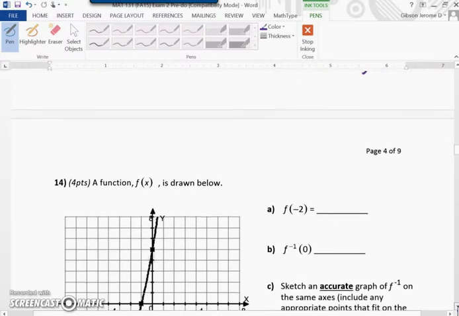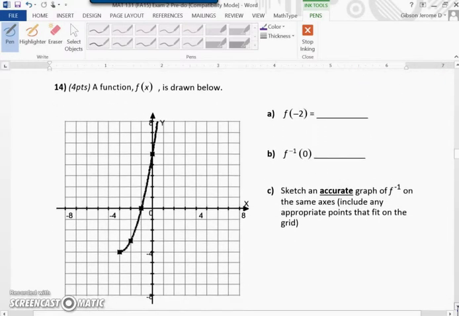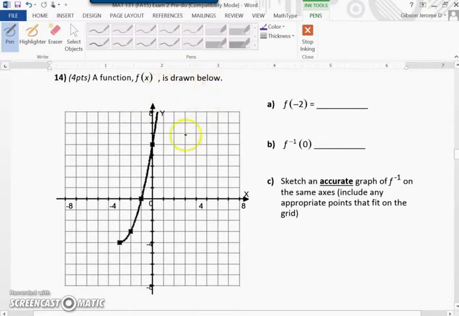Okay, now we go to page 4. It says a function f of x is drawn below, which we have here. So we have f of negative 2. That means we go where x is negative 2, which is here, and then we find what y is. y would be negative 3. Now it says B, f inverse of 0.